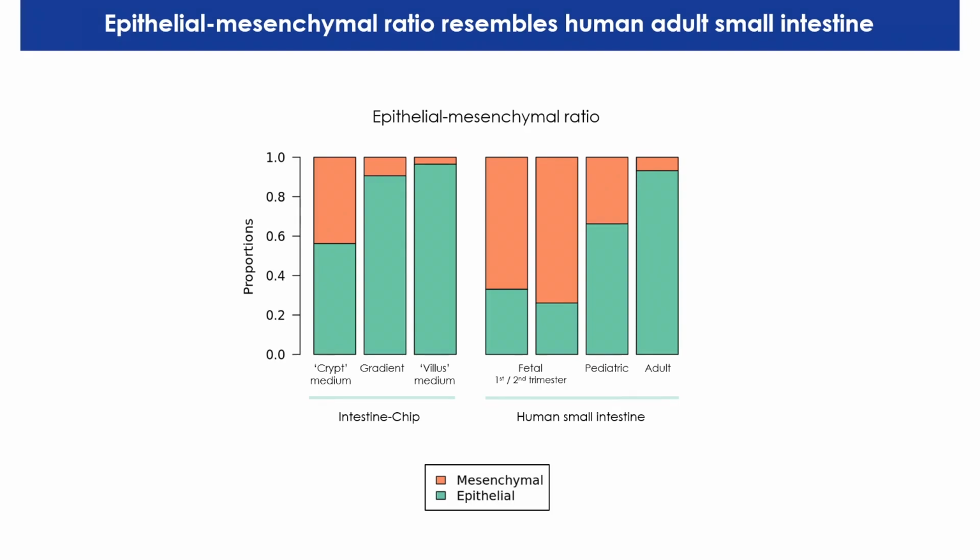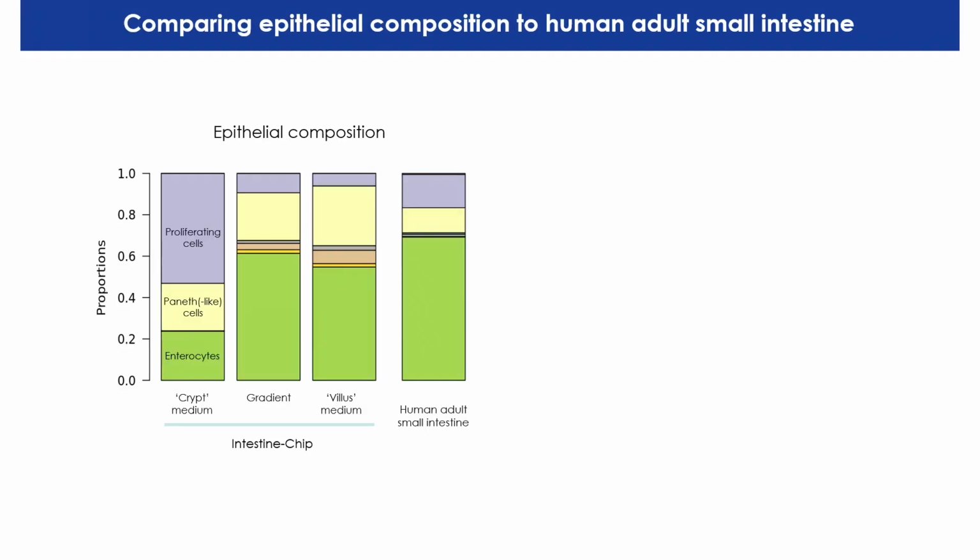Then I want to zoom in a bit further on the epithelial composition that is shown here, and we can focus on the major groups that we see, so proliferating cells, Paneth cells, and enterocytes. So we see a reduction in proliferating cells and an induction of enterocytes in the gradient and villus medium condition relative to the crypt medium condition.